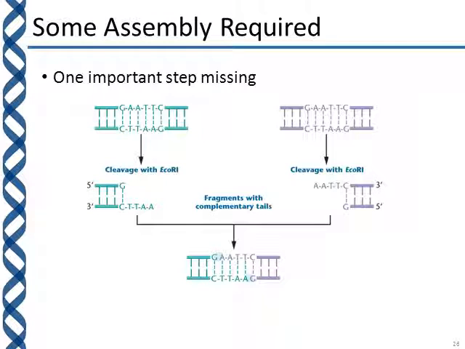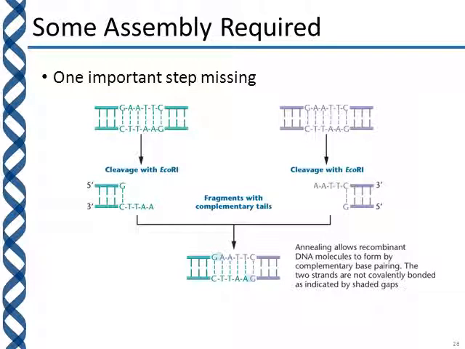Even though these bind complementarily, there is nothing which links these two pieces together. The annealing allows the recombinant DNA molecules to form by complementary base pairing. The two strands are not covalently bound, as indicated by the shaded gaps in this diagram.